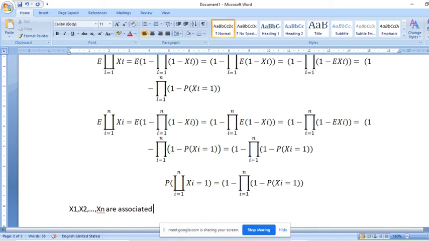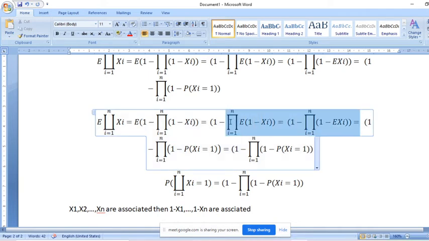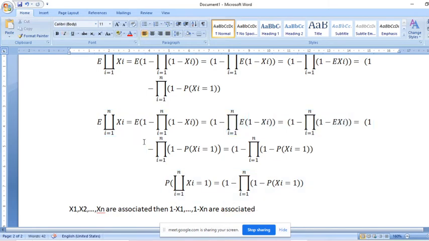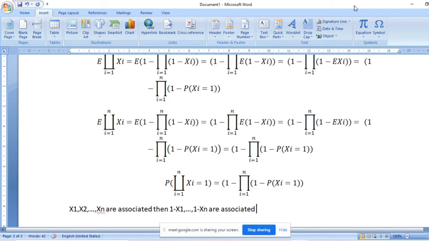If x1 to xn are associated, then 1 minus x1, etc., 1 minus xn are associated. Okay. So what will be the formula for 1 minus x1, 1 minus x2, ..., 1 minus xn?